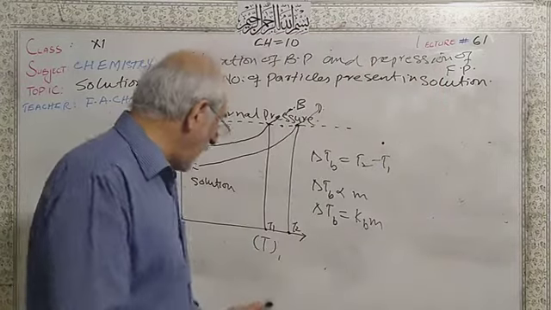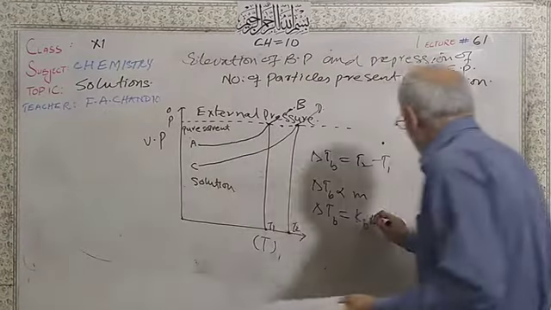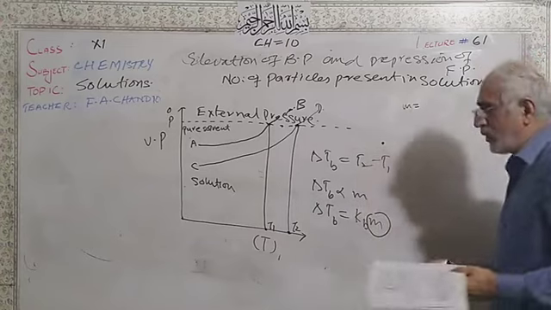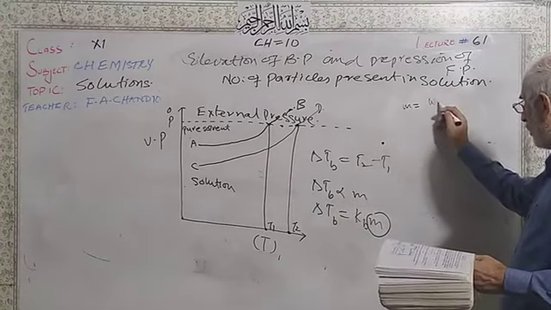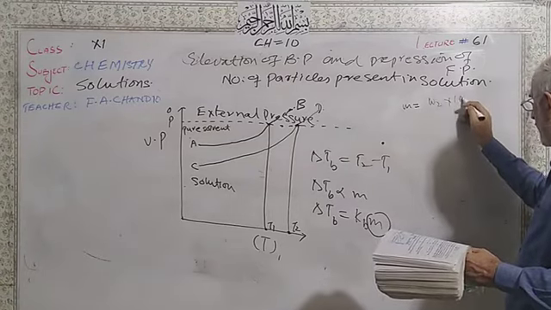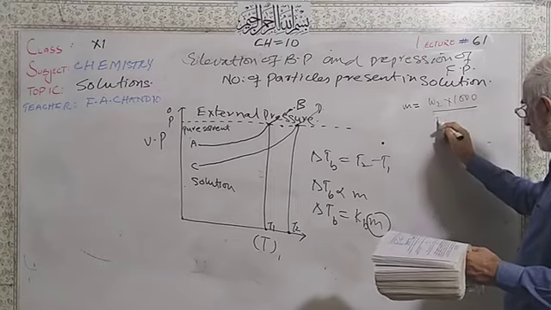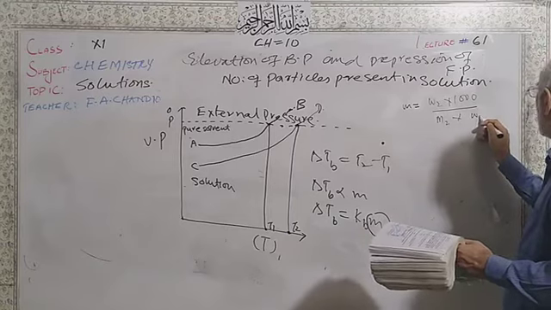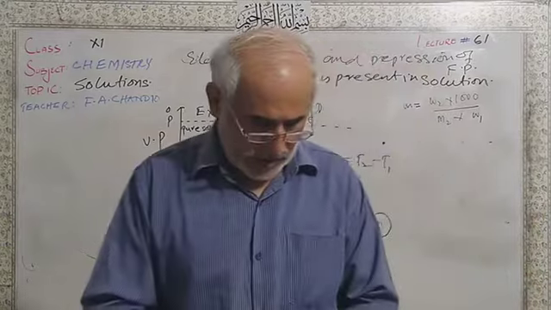Dear students, then you have to derive the formula. Here the molality is equal to the number of moles of solute, that is, W2, the mass in grams of the solute, multiplied by 1000 because the solvent mass is in kilograms and this is in grams, divided by the molecular mass of the solute M2, multiplied by W1, which is the mass of the solvent.